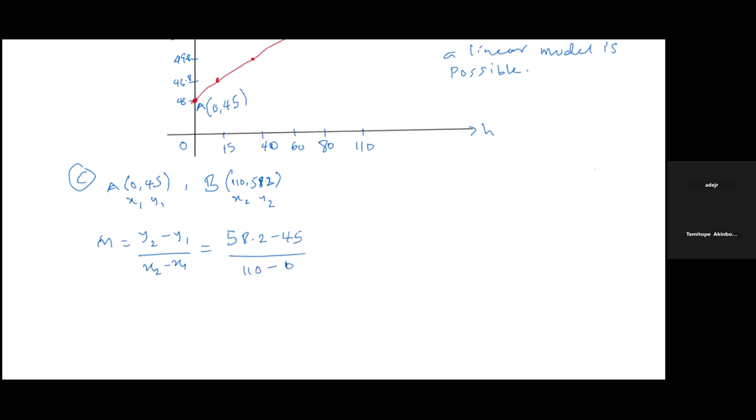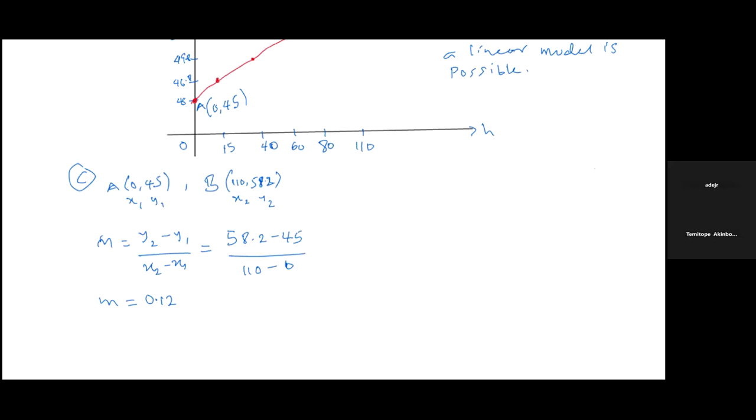So if you subtract the numerator and divide by the denominator, you're going to get 0.12. So we have obtained the slope.